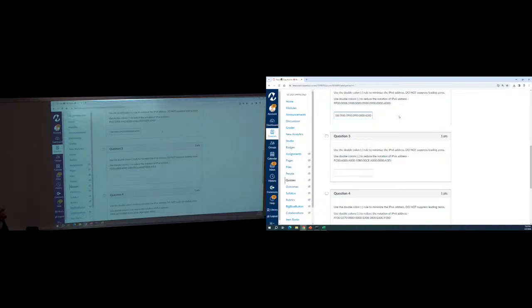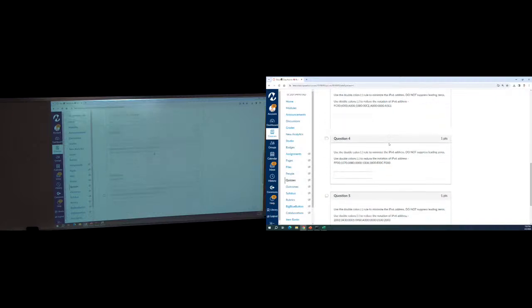Now, how many hextets do we need? We need 8. Right? So you can always count up your number of hextets to know how many groups of zeros you have in there. So here's my 1, 2, 3, 4, let's see, 5, 6. I have 7 hextets. So this double colon represents how many hextets? Just one, right?